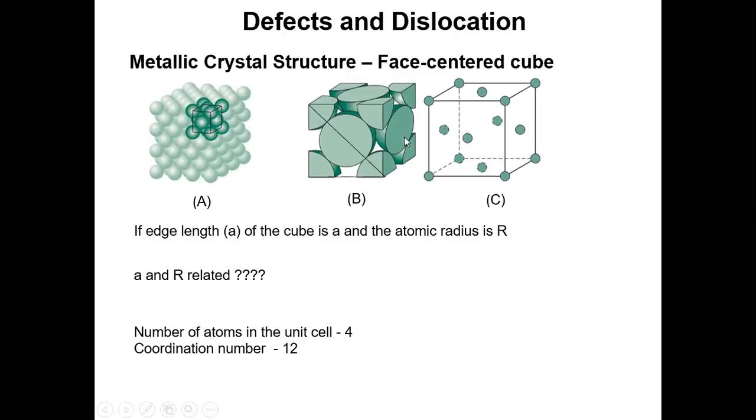So that is 4 in 4 faces. 1, 2, 3, 4. Right? From the unit cell located on the other side, there are 4 other nearest neighbor atoms. So altogether, there is a coordination number of 12 in this FCC cube. Right? You have to think about this in 3 dimensions. Okay.